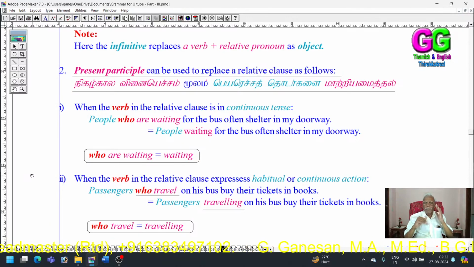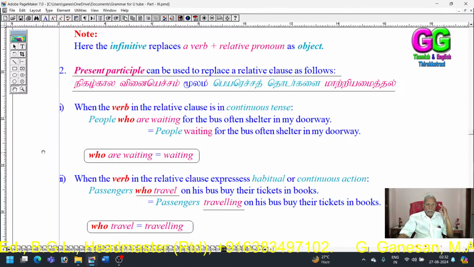I have noted three occasions, three places. One, when the tense used in the relative clause is a continuous tense, that relative clause can be replaced by the present participle.